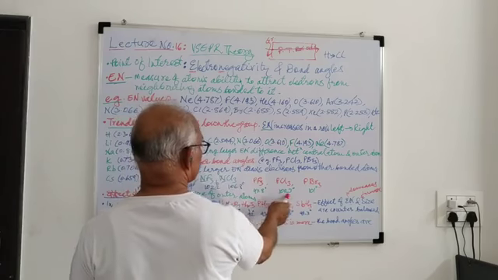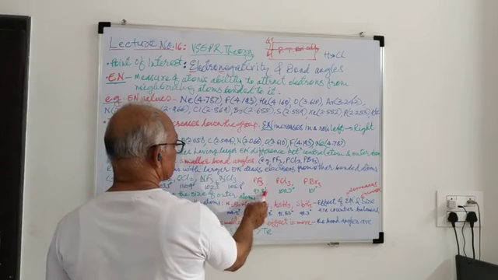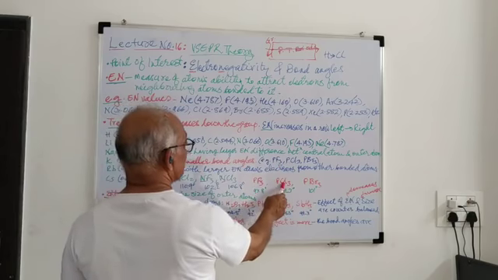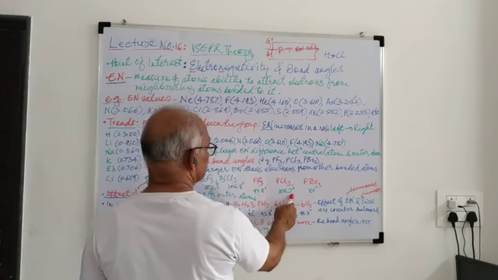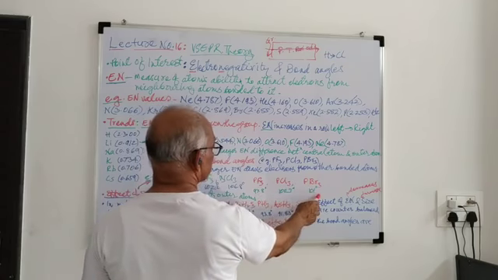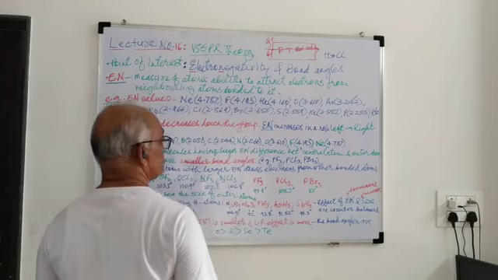In the case of PF3 the bond angle is 97.8, in PCl3 the bond angle is 100.3, and in PBr3 the bond angle is 101.